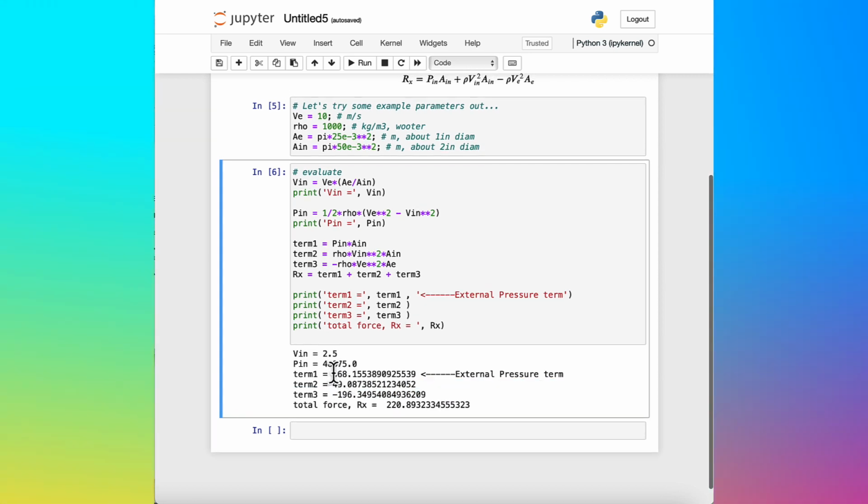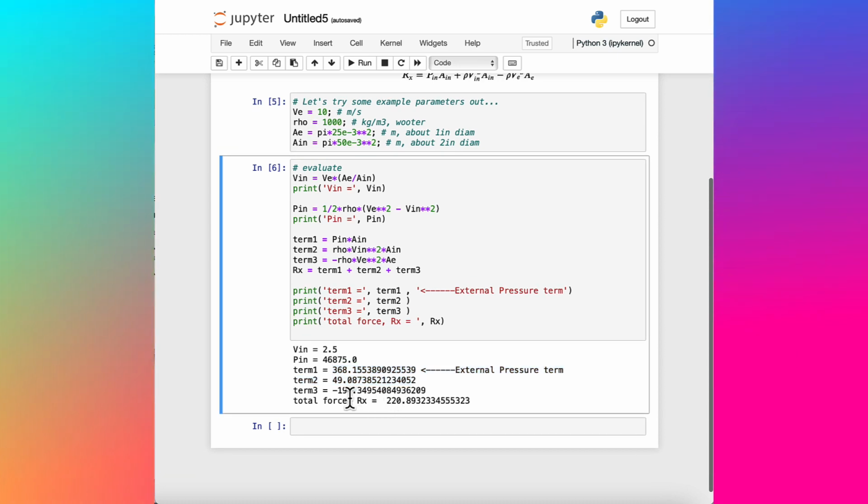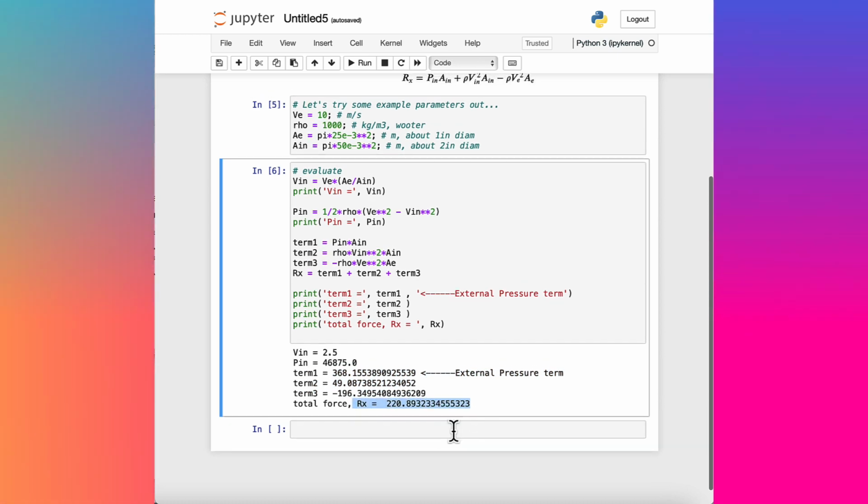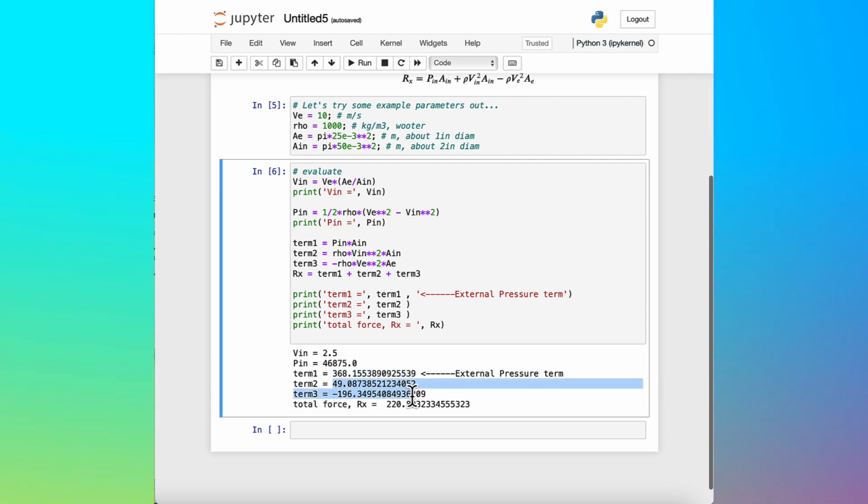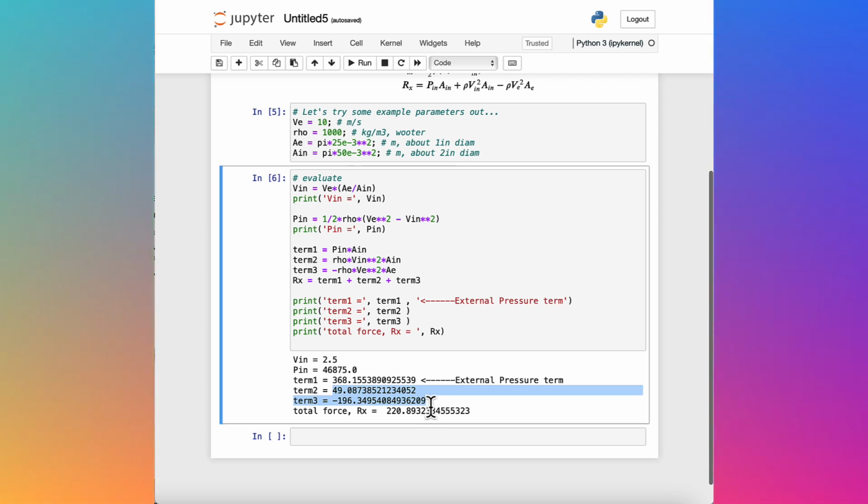But overall the pressure term is quite important to determine the final force. If you don't include it, you'll get a grossly wrong answer. In fact, if you don't include this term, the sum of these two, which doesn't include the pressure force, will actually point in the wrong direction.